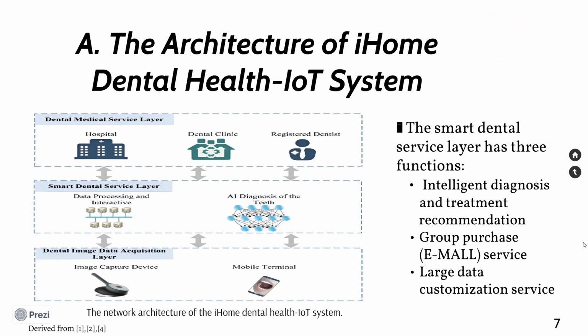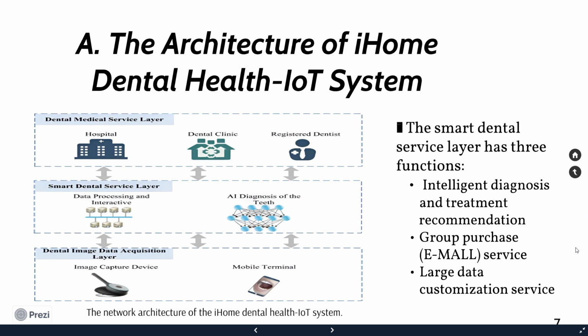So as we can see extremely clearly in this flow chart of sorts, there are three levels: the dental medical service layer, the smart dental service layer, and the dental image data acquisition layer, and all three layers are connected. Data is shared between these layers.